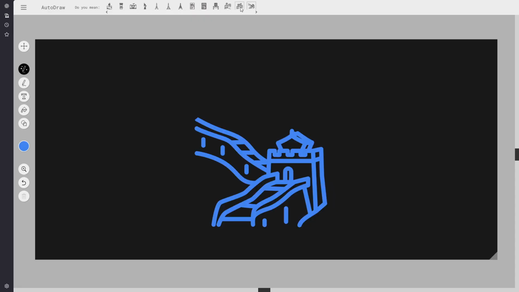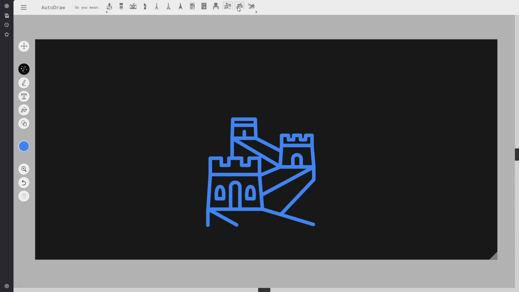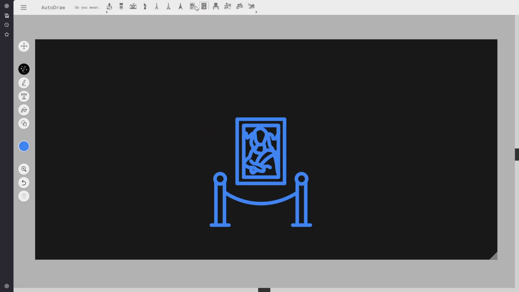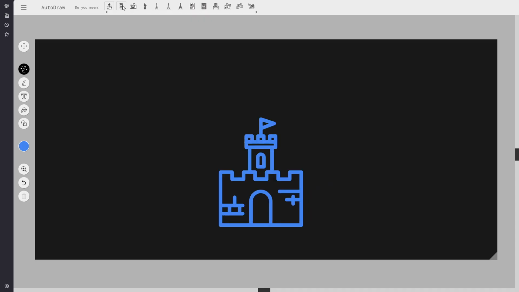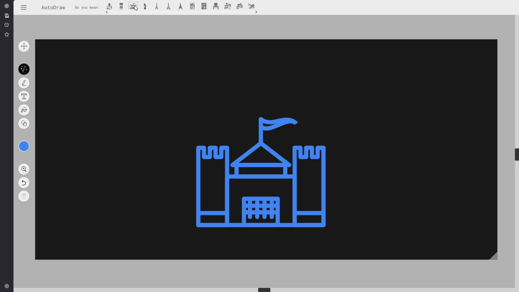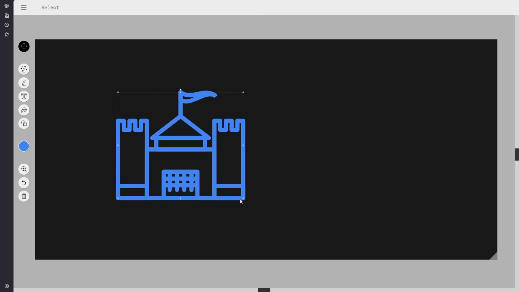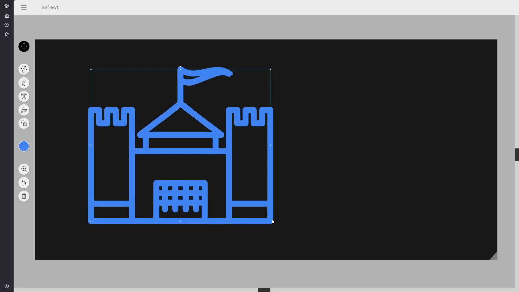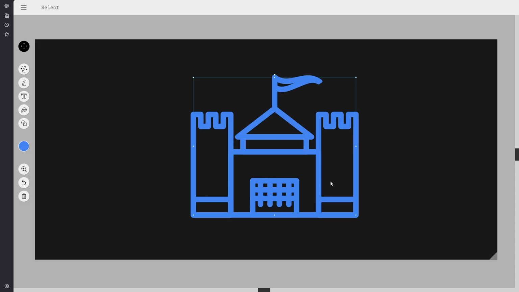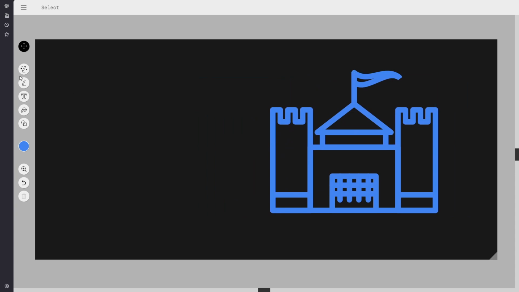Let's go with a castle with a wall. Yeah, let's say that one. I like that one. So this is our castle. So there's our castle, and we've got, let's say, a gate.